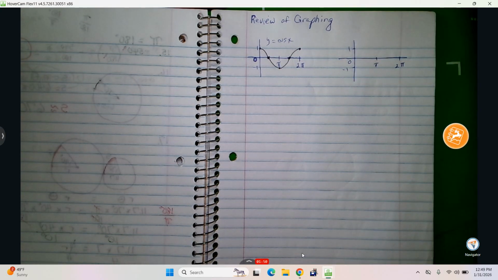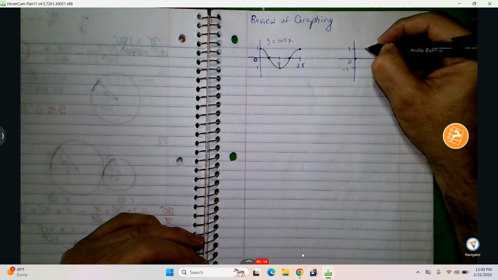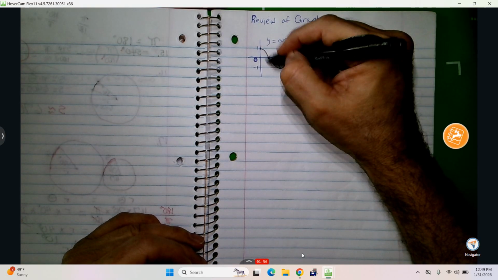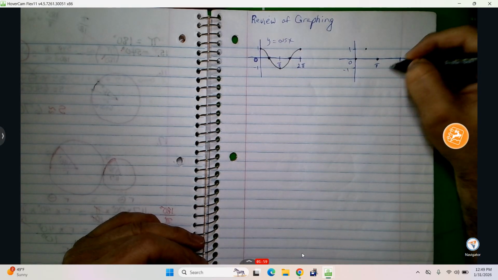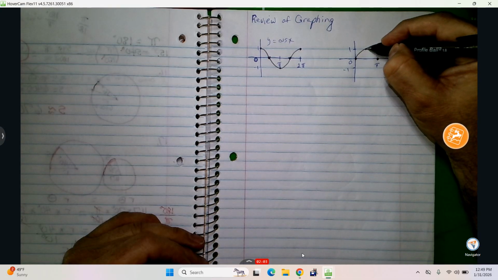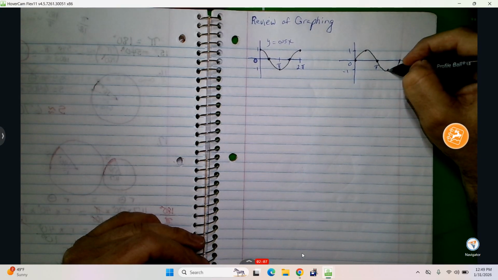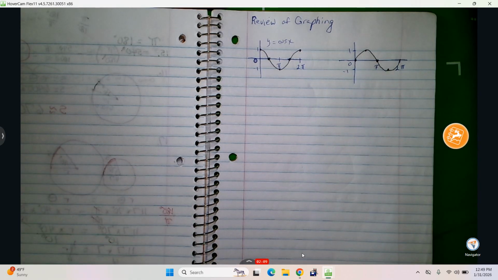Sine is the one that looks more like an S, and cosine looks sort of like a C if you tilt your head. So here's sine x. And this is just a little snapshot, one period. They keep going and going and going forever.